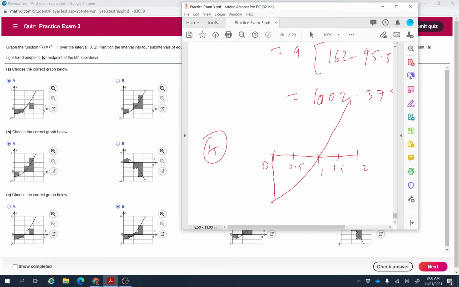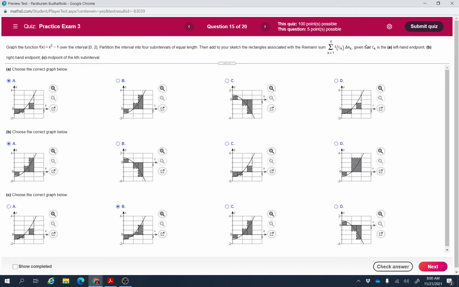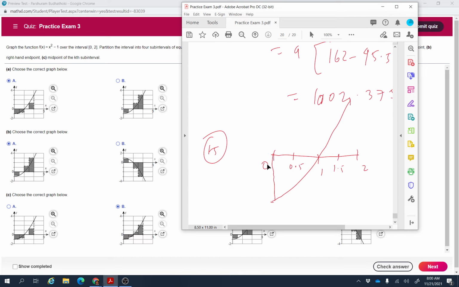So now to create your rectangles, first of all we're going to use the left endpoint. On this interval the left endpoint is 0. So to create the rectangle you use this height for the first one. For 0.5 you use this height.